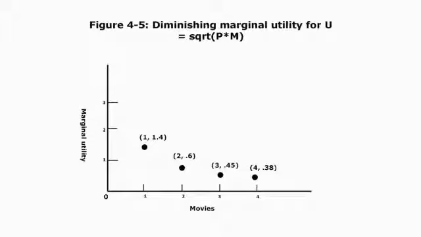So when you have 2 pizzas and 1 movie, your utility is the square root of 2. Now if you get 1 more movie, your utility is going to rise from the square root of 2 to 2. So the marginal utility of that next movie is, 2 movies, 1.4.